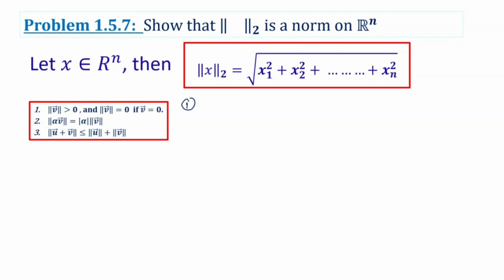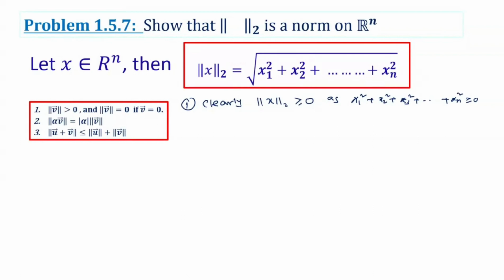Clearly, since this is x1 square, x2 square, and xn square, this will always be greater than or equal to 0. So clearly the norm of x2 is greater than or equal to 0, as x1 square plus x2 square plus x3 square plus xn square is always greater than or equal to 0 for all x1, x2, xn.